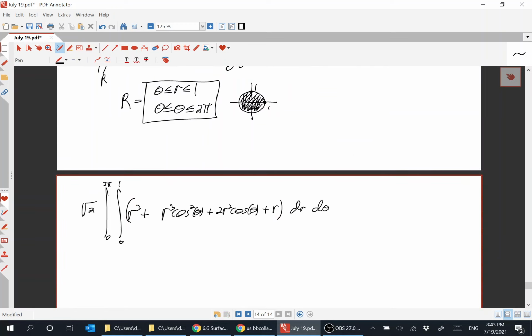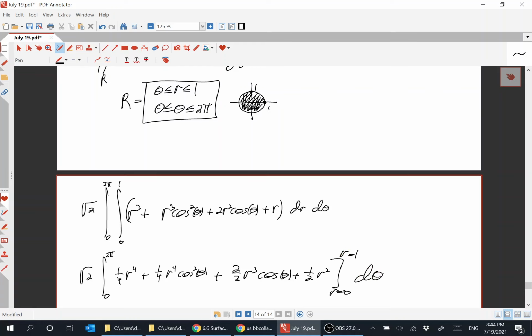So first we do the antiderivative with respect to r. So 1/4 r to the fourth plus 1/4 r to the fourth cosine squared theta plus 2/3 r to the third cosine theta plus 1/2 r squared, r equals 0 to r equals 1, d theta.